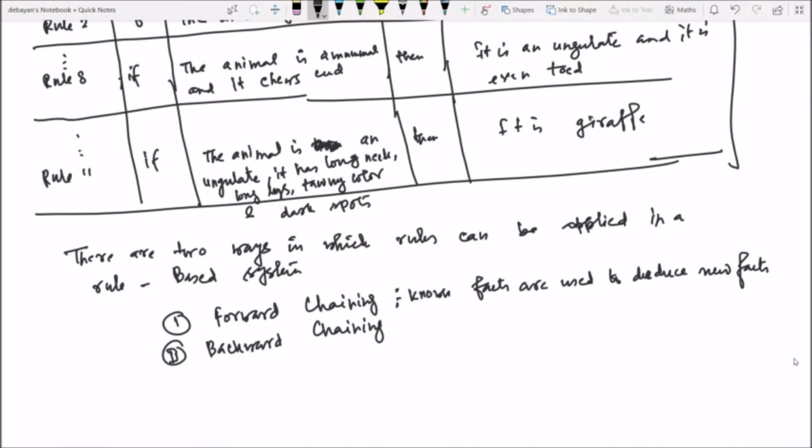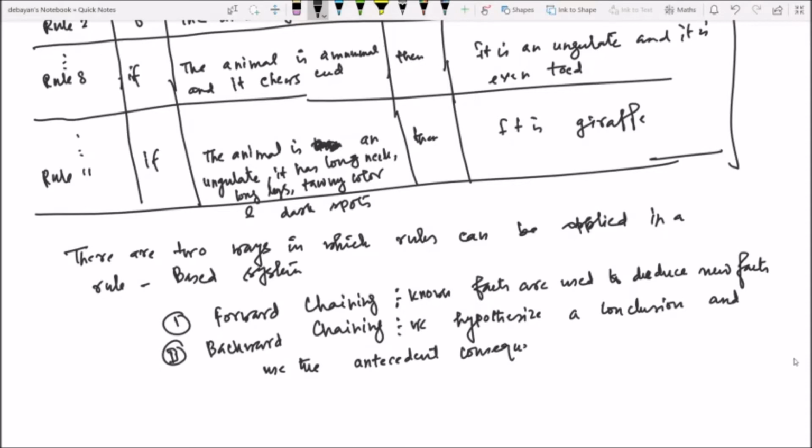And in backward chaining, we hypothesize a conclusion and use the antecedent consequent rules to work backwards.